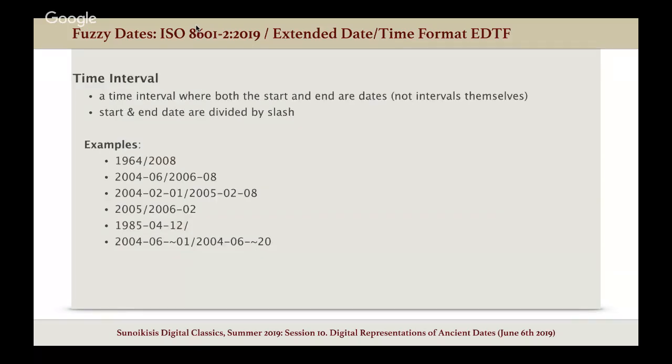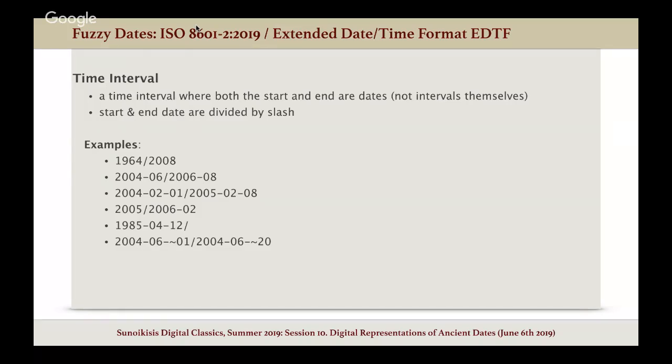Then you can have time intervals. The time interval, both the start and the end are dates. They cannot be intervals themselves, which would add some more flexibility, but you cannot do that. Start and end dates are separated by a slash. The most basic example would be to have 2 years, like 1964, 2008.